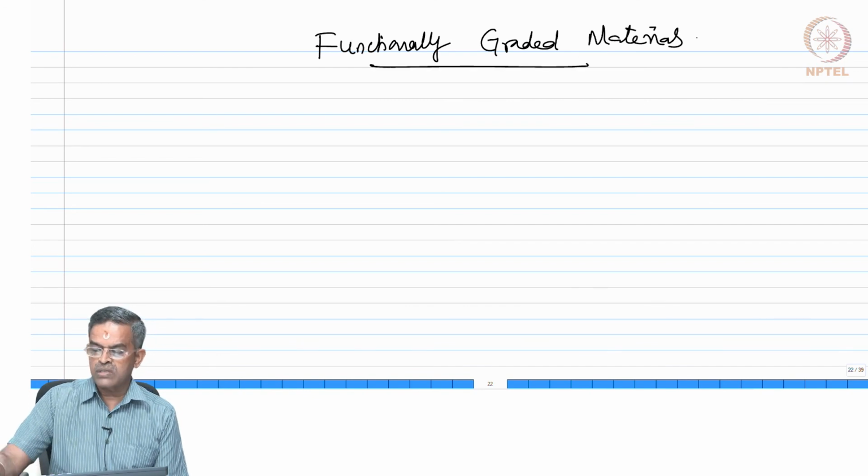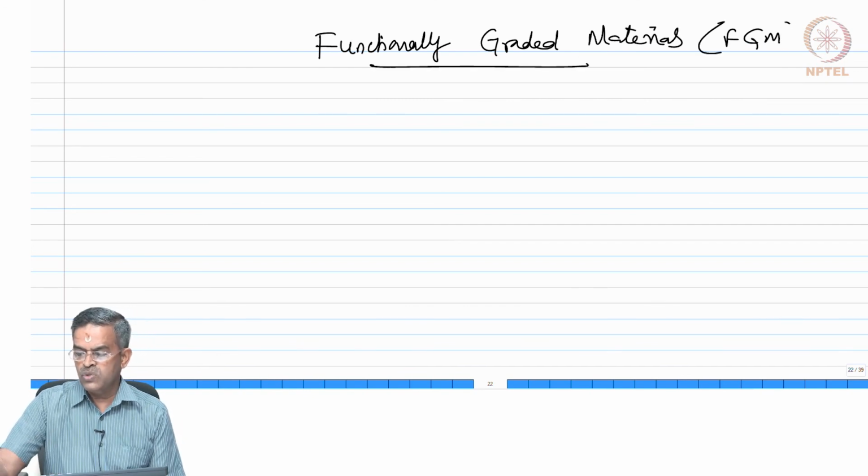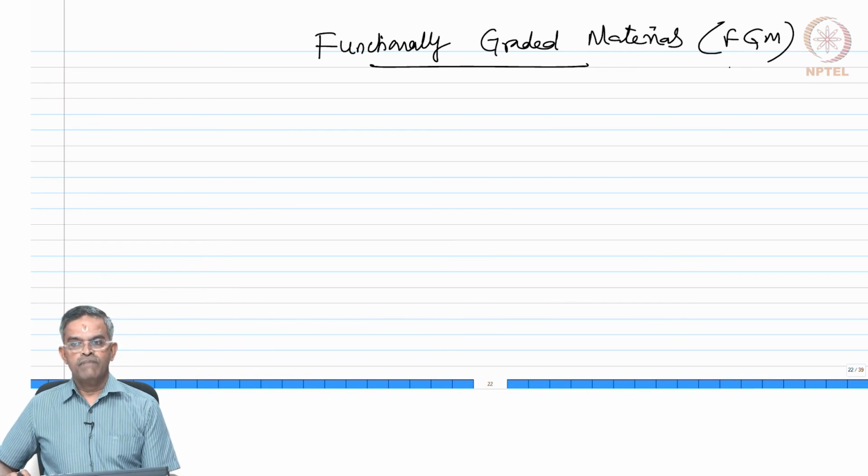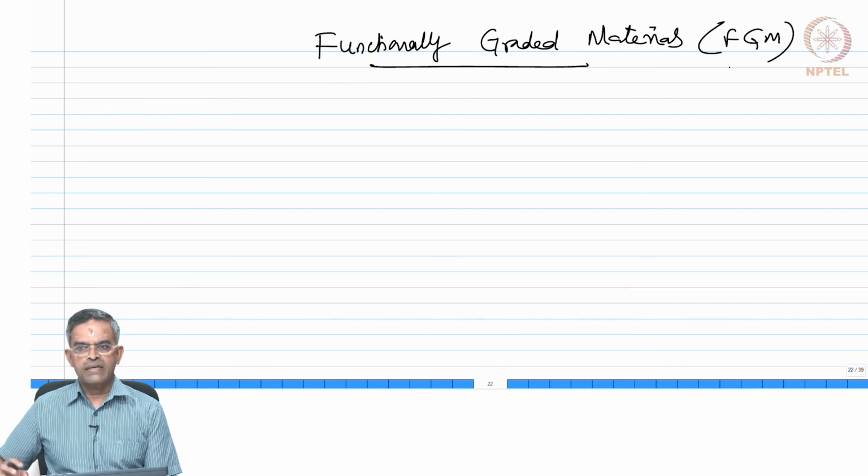FGM is not a new concept because it has been used in the aerospace industry and special application systems very long back. But when it comes to structural applications and functional applications like anti-corrosive etc., it is a very recent application, friends. Okay. FGM we will discuss in detail in the next lecture.